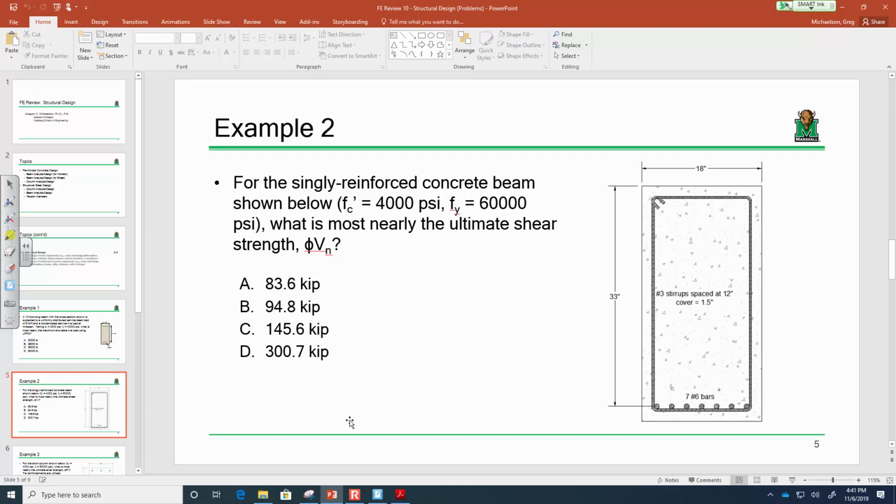It was never enough. That's why you put stirrups into the beam to resist that shear force. Well, so as a result, we never really computed the shear capacity directly. But I think you'll find it's a very, very simple process. It's a very typical problem that you could get on the exam, and I don't want it to trip you up.